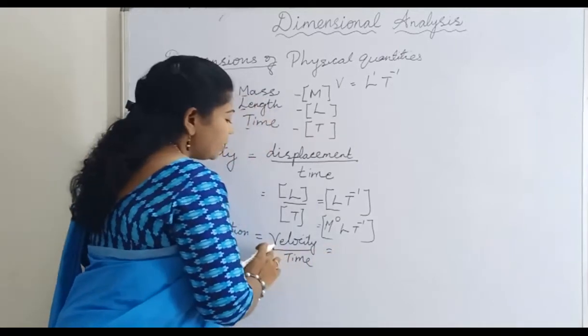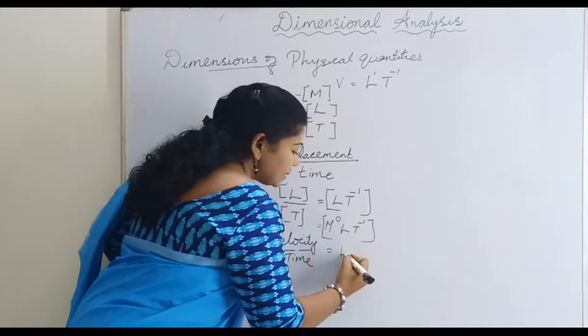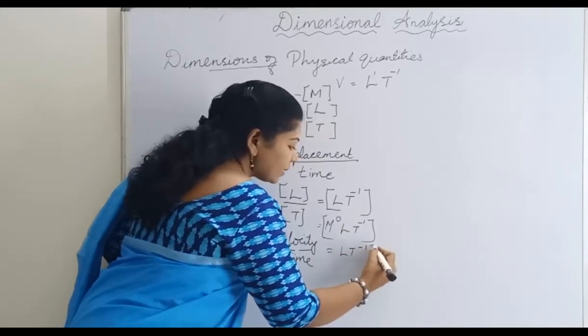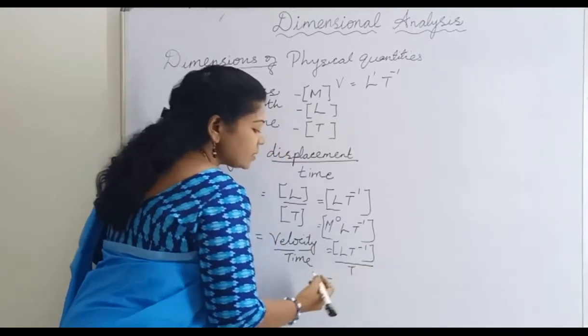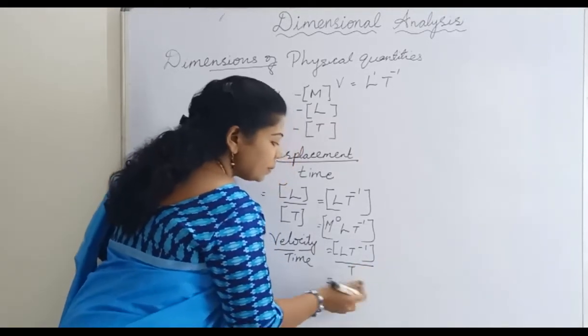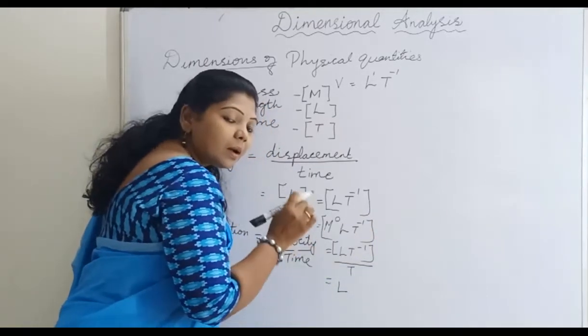The dimension for velocity we have already found as L T power minus 1, divided by T. The T power 1 in the denominator, when it comes up, becomes T power minus 1.